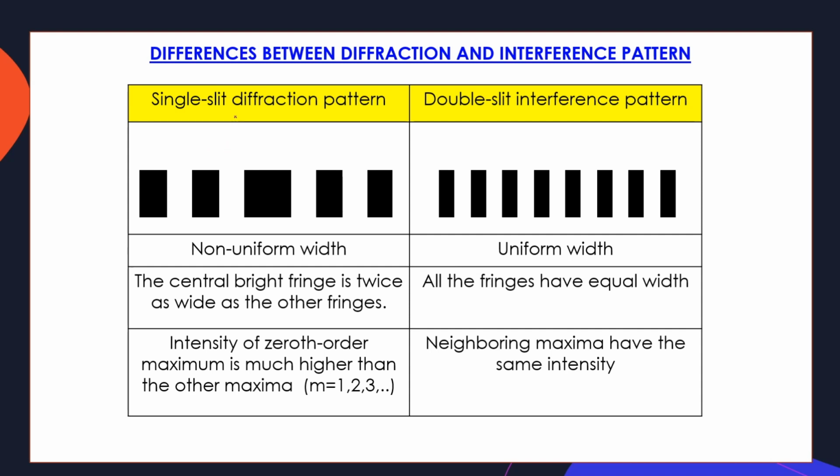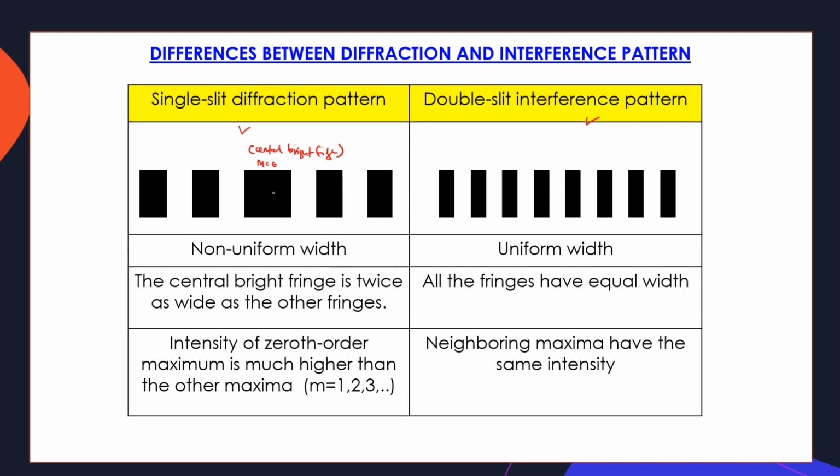Okay, so this is the difference between the diffraction and the interference pattern. So we have the single slit diffraction pattern, and then the double slit interference pattern. So here M is equal to 0, and here we call it the central bright fringe. So the width is non-uniform.